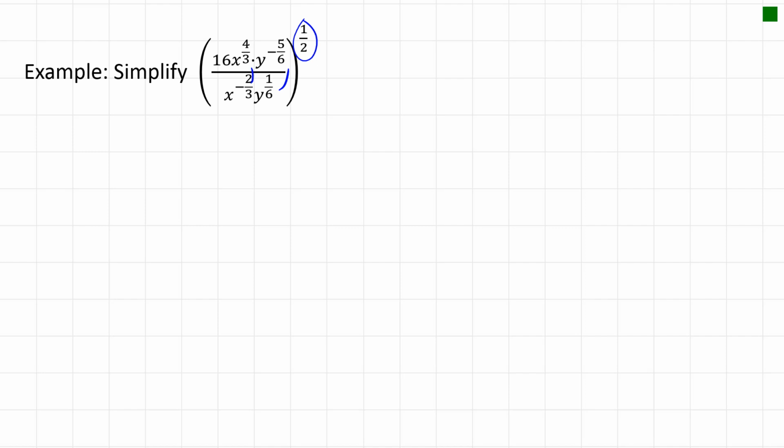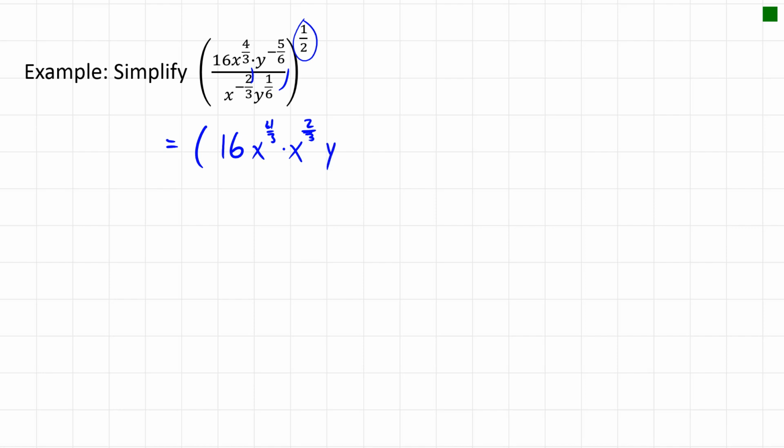So I'm going to write this as 16 x to the power of 4/3 times x to the power of positive 2/3. So I'm flipping that negative 2/3 into positive 2/3 by bringing it up into the top of the fraction.